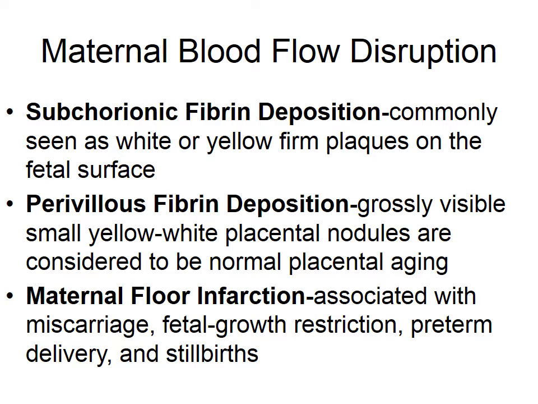Perivillous fibrin deposition: maternal blood flow stasis around an individual villus results in fibrin deposition and can lead to diminished villous oxygenation and syncytial trophoblastic necrosis. Within limits, those grossly visible small yellow-white placental nodules are considered to be normal placental aging.